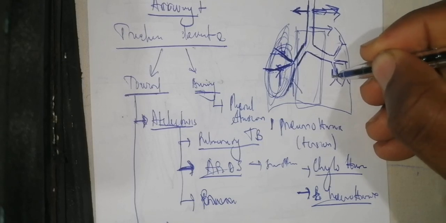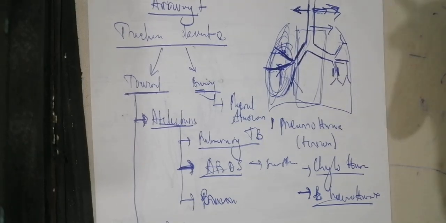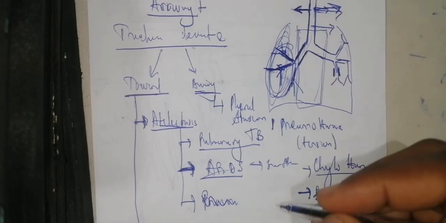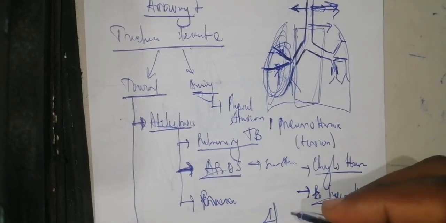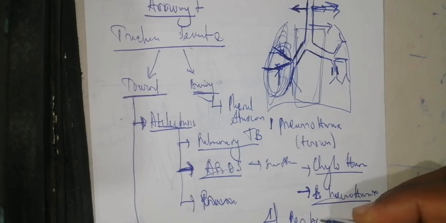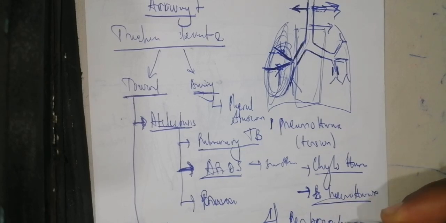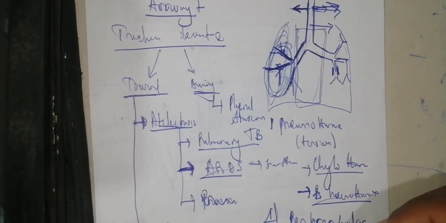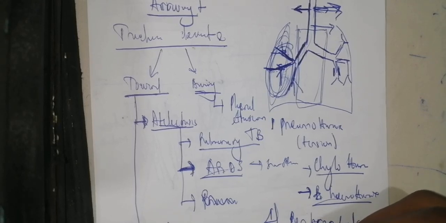Opacities which are close to the bronchioles are called peribronchial opacities, and a peribronchial opacity can pertain to two things. It can either be a peribronchial artery, or it can be a peribronchial lymph node.